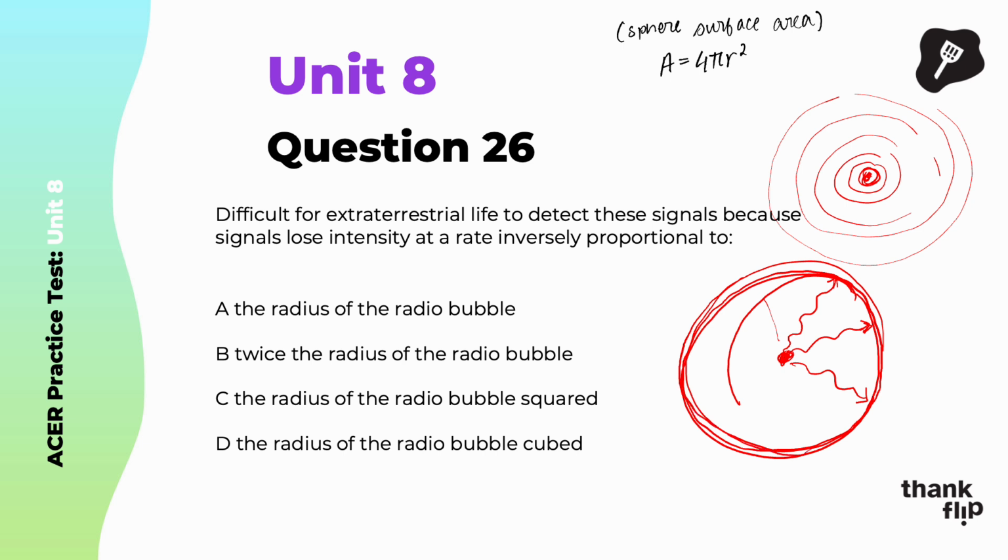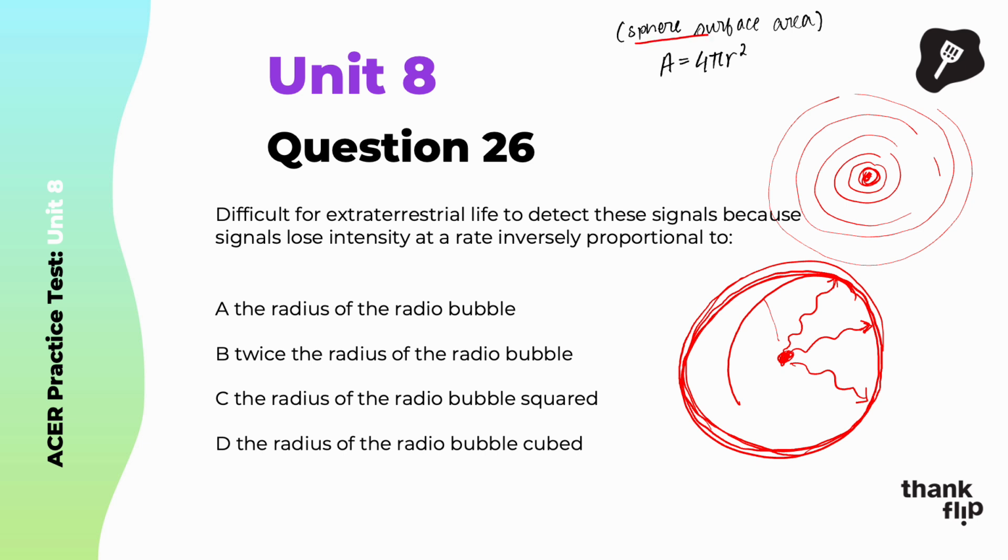Now we have to think about it in terms of 3 dimensions because obviously our Earth is 3-dimensional, and so the way that the radiation is going to leave the Earth is going to create a 3-dimensional sphere around the Earth. And so in our 2D model, similar to how the radiation would spread along the circumference of the circle, in our 3D model, the radiation would spread along the surface area of that sphere.